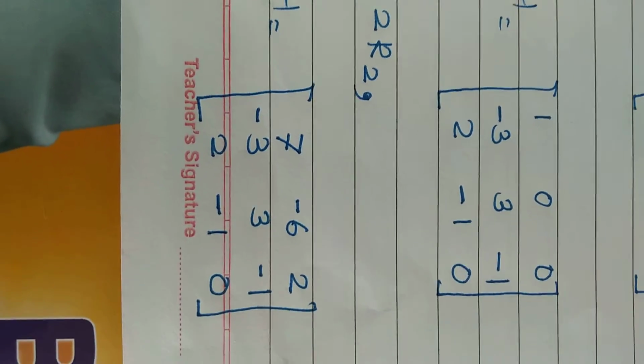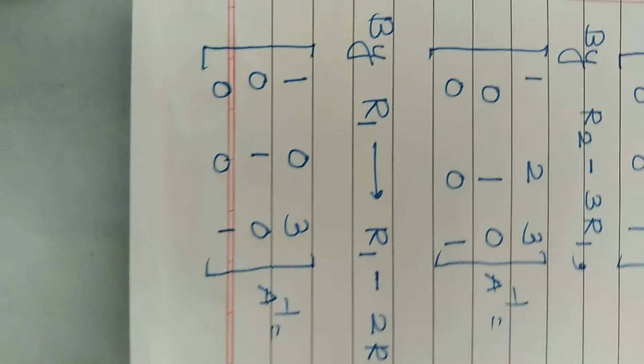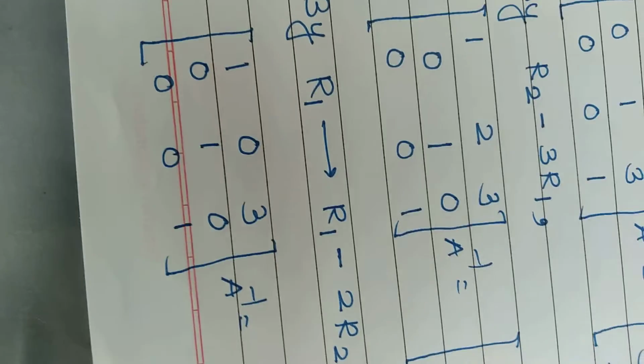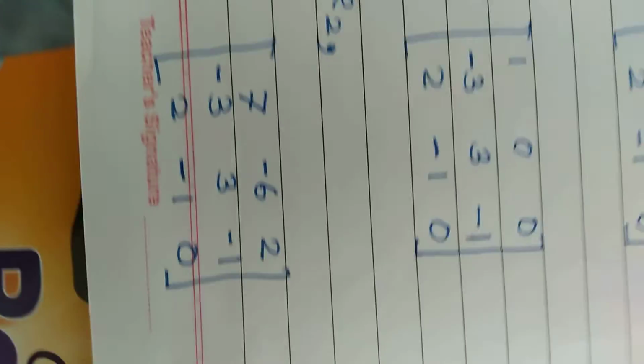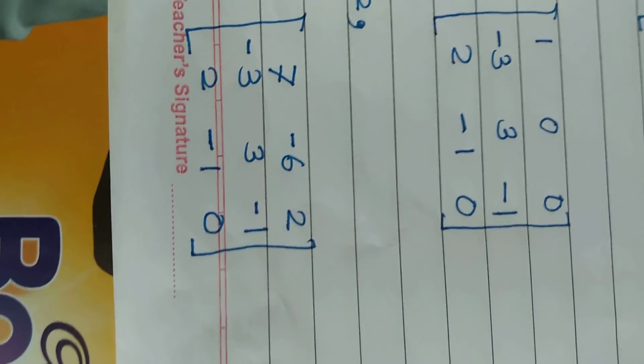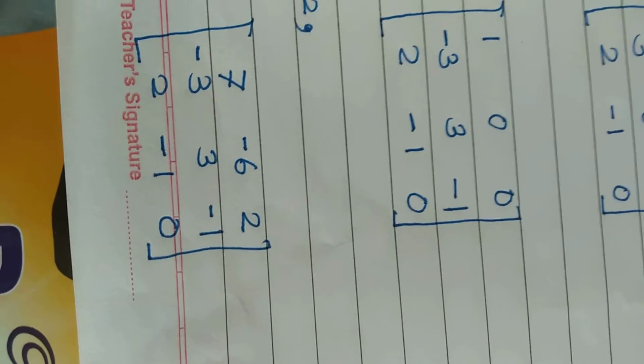Doing these calculations, on the left we definitely get 1, 0, 0, 0, 1, 0, 0, 0, 1, and on the right 7, minus 6, 2, minus 3, 3, minus 1, 2, minus 1, 0.